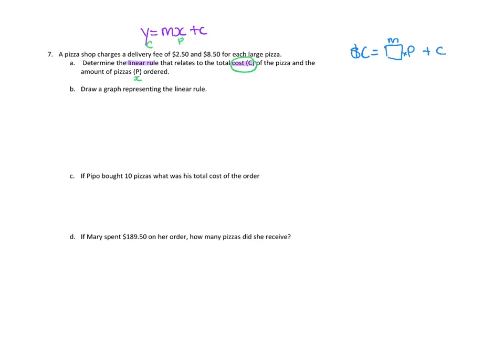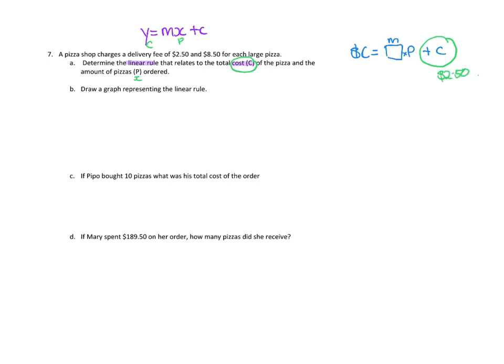Now, remember this c value here, that's like the y-intercept, but what that is in practical terms is what do you have to pay no matter what? Whether I ordered 1, 2, 3 or 4 pizzas, what am I going to pay? The $2.50 because it's a delivery fee, isn't it? Yeah? So this is the $2.50.